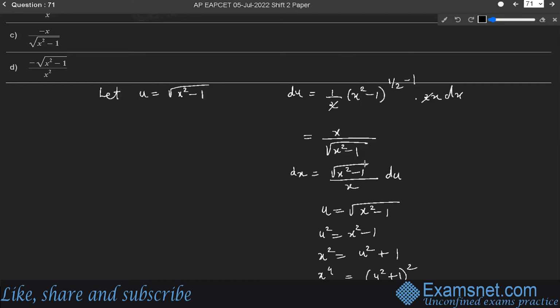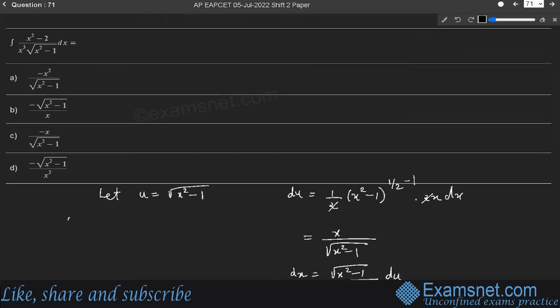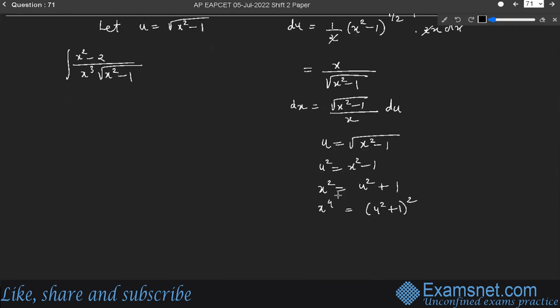So the integration part becomes, the question here is integral of x square minus 2 divided by x cube into under root of x square minus 1. Here x square minus 2 can be written as x square minus 1 and x cube into u. And here there is dx.